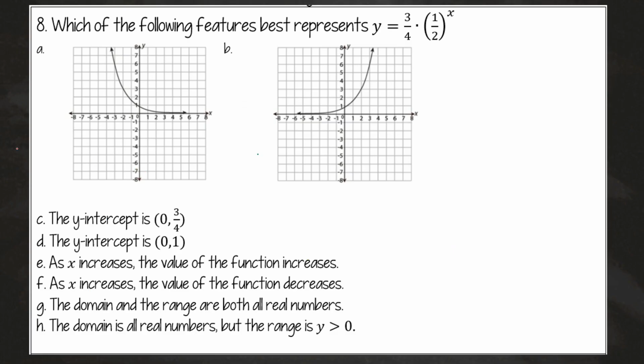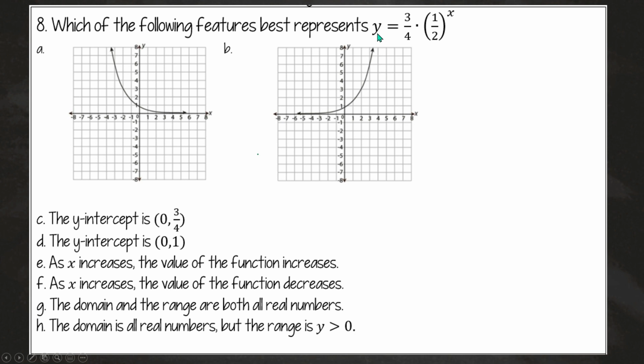All right. So going on to question 8, when we see a question like this where it's comparing key parts of this function, we should know that there's going to be one correct answer for every single grouping. So I have two graphs. I have graph A and graph B. Well, graph A is showing exponential decay and graph B is showing exponential growth.